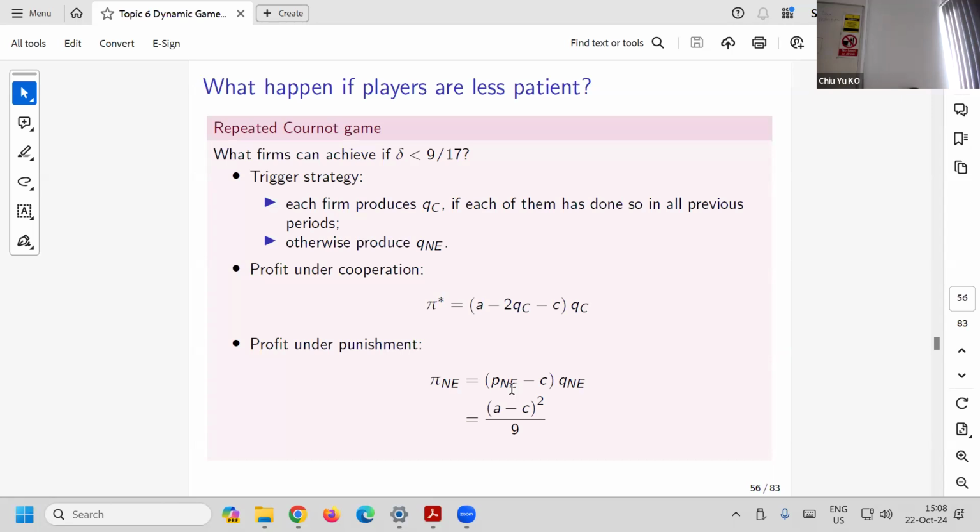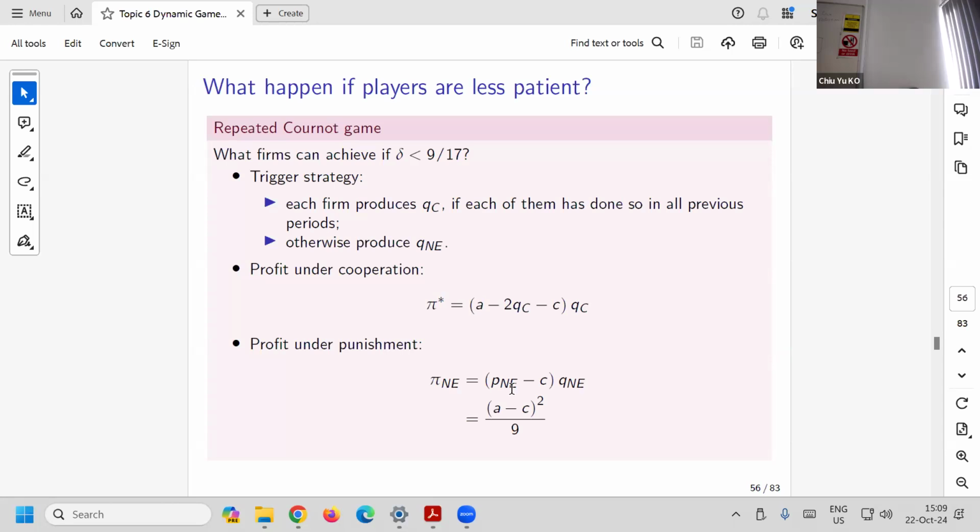So we have to calculate how to collude, with QC to be determined. And this QC, you will later see, depends on delta. How much we can collude depends on how patient we are. If you have zero patience, QC will be QNE, because if we are not patient, we cannot agree on anything.